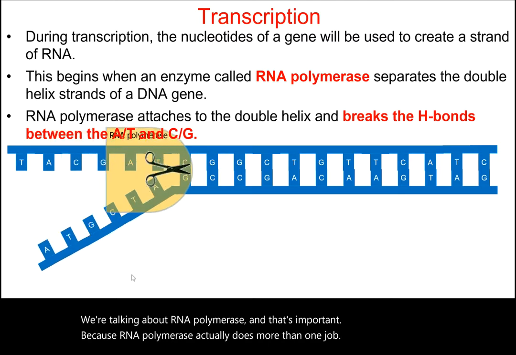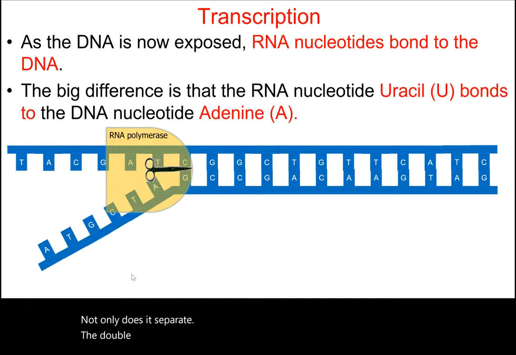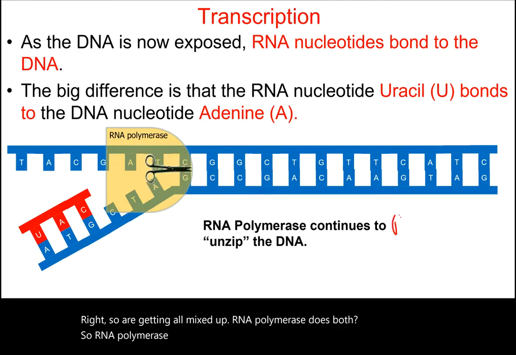Not only does it separate the double helix, it also bonds the new nucleotides to the template strand, or the coding strand. All right, so I'm getting all mixed up. RNA polymerase does both. So RNA polymerase unzips the DNA and adds nucleotides.